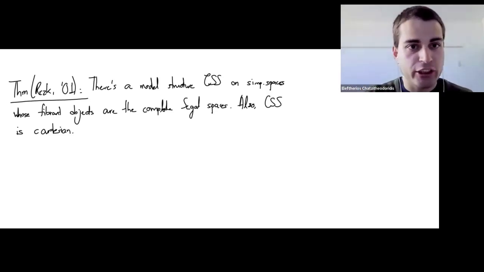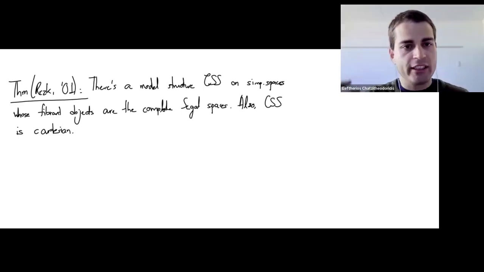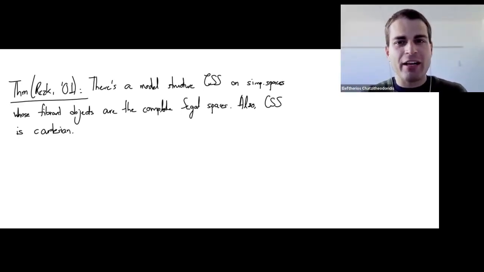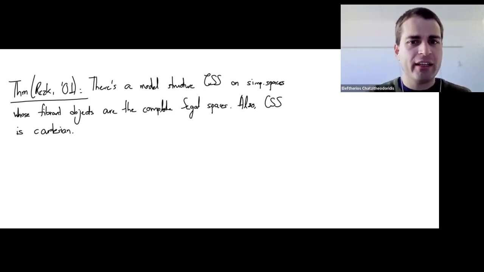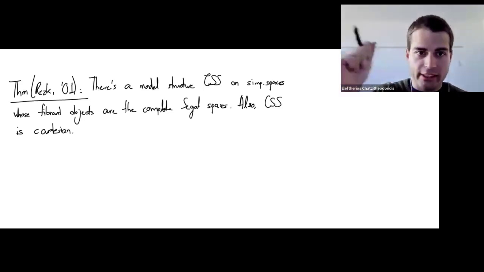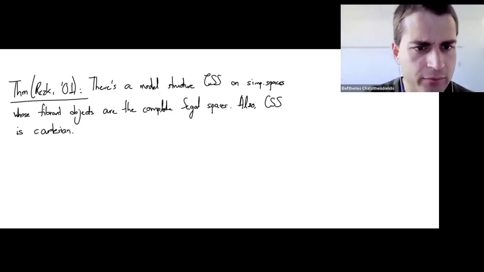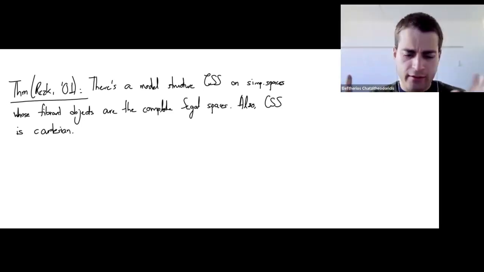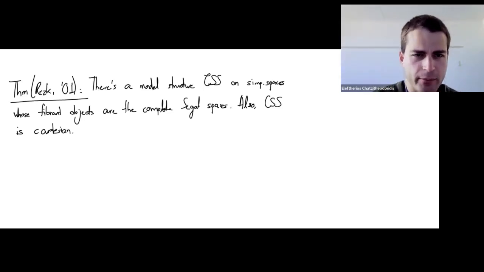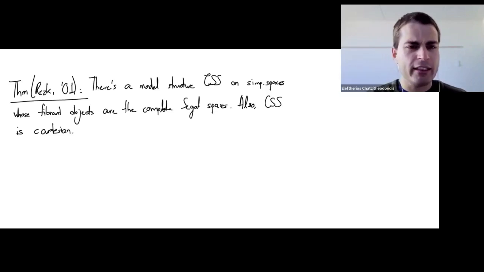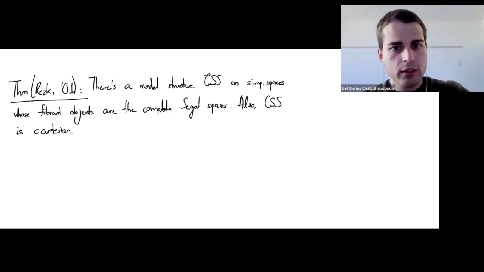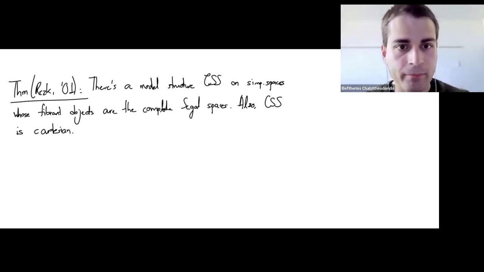You can exponentiate and talk about X to the Y, which is another simplicial space, a simplicial space worth of maps from Y to X. This model structure is compatible with taking internal homs, which corresponds to a bunch of technical axioms. So this is a nice way to study these things: you put a model structure where the fibrant objects are the things you care about, and then fibrant replacement gives you a way of replacing a random simplicial space with something that you like, up to a weak equivalence.